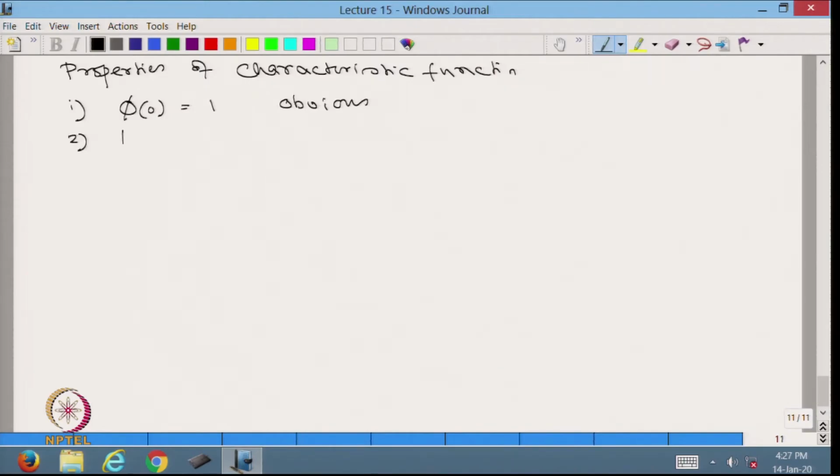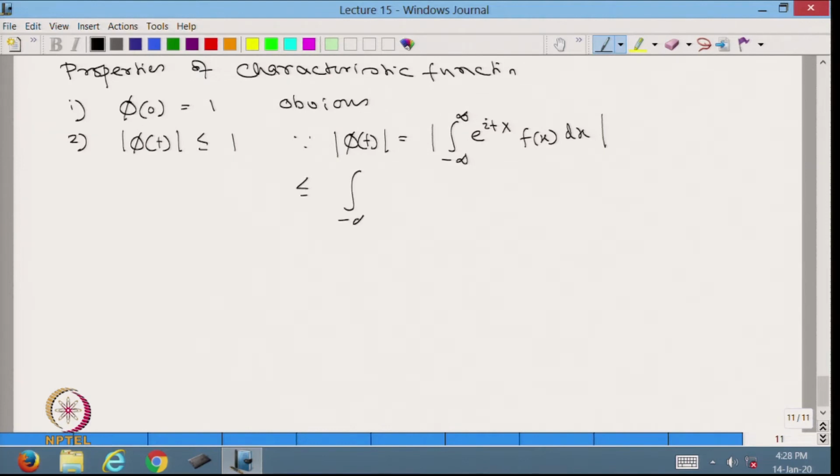Two, modulus of phi t is less than or equal to 1, since modulus of phi t is equal to modulus of the integral from minus infinity to infinity of e to the power i t x f x dx, which is less than or equal to the integral of modulus of e to the power i t x f x dx, which is equal to the integral of f x dx, is equal to 1.